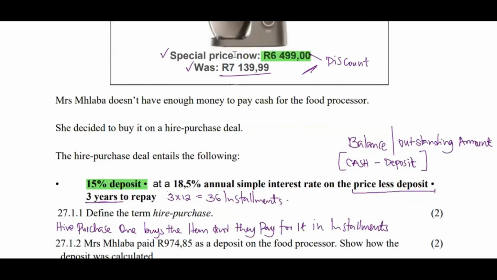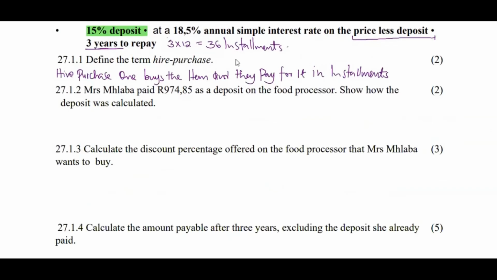So we say 15 over 100 times 6,499 rands, approximately 6,500. But please don't write 6,500. 15% times 6,499.